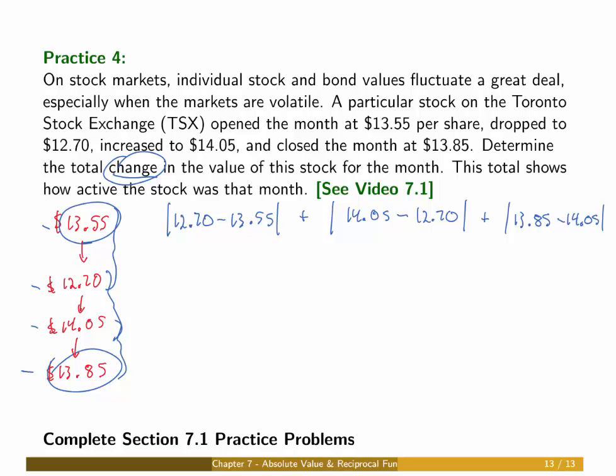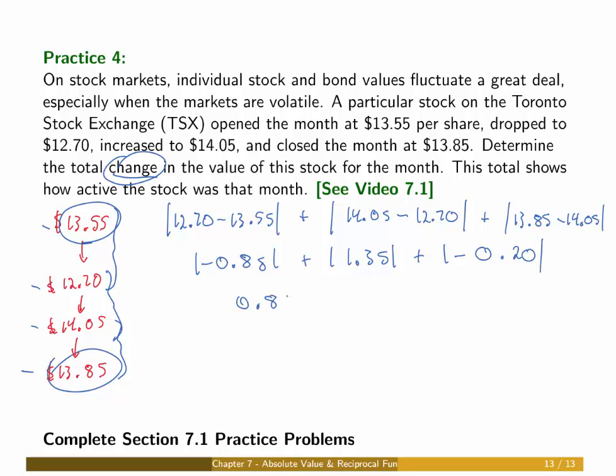Okay, so let's do these calculations. 12.7 minus 13.55 comes out to be negative 0.85. The next one is going to come out to be 1.35, and the last one comes out to be negative 0.20, all in absolute values.